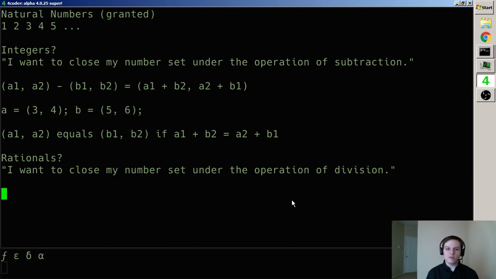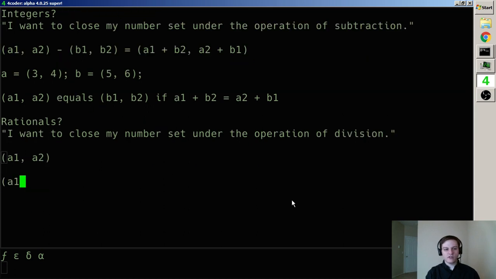Well, we proceed in basically the same way. We make rational number representations, which are just pairs. We define operations on them, such as, well, let me do it this way. A1, A2 divided by B1, B2 is the pair, let me make sure I get it right, A1 times B2, I'll write it this way, and A2 times B1, right?